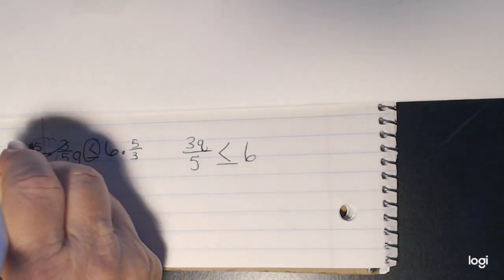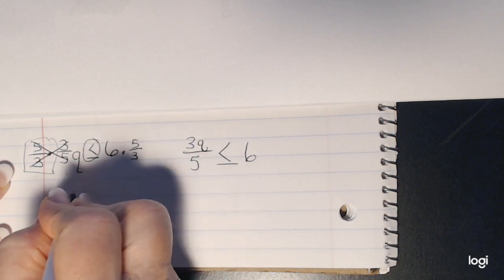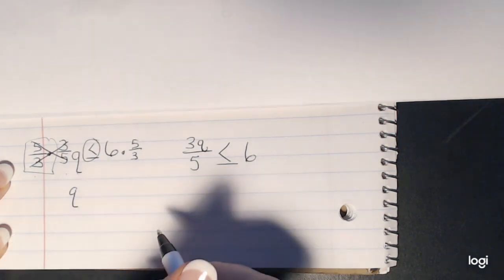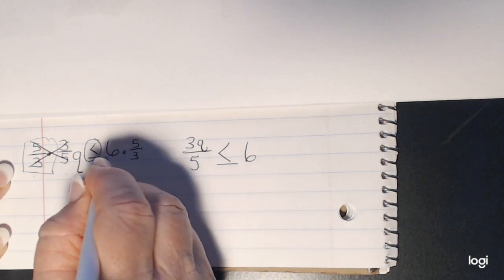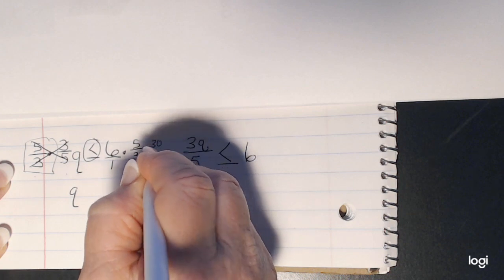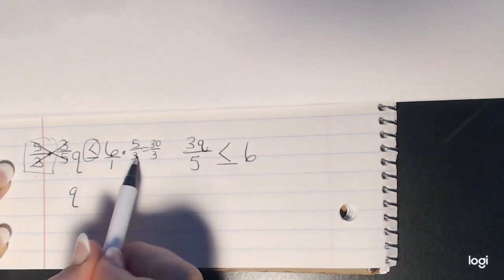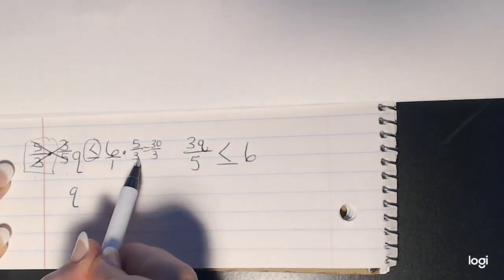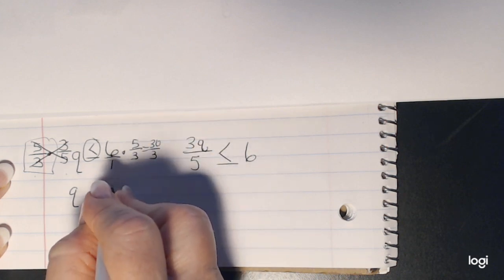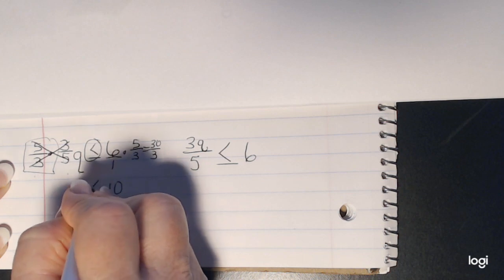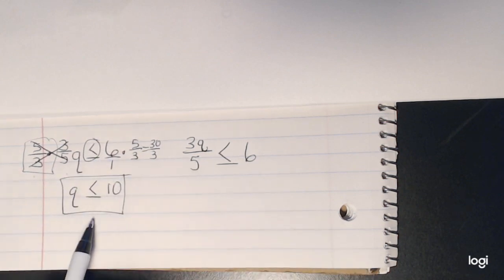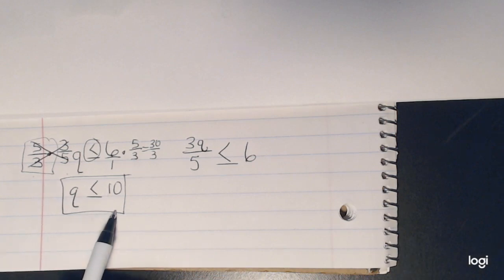This cancels, leaving the letter Q. 6 times 5 over 3. Well, if I put this over 1, some of you might just say 6 times 5 is 30 divided by 3. Some of you might actually cross reduce here. 30 divided by 3 is 10. Bring down my balance, and my final solution is Q is less than or equal to 10.